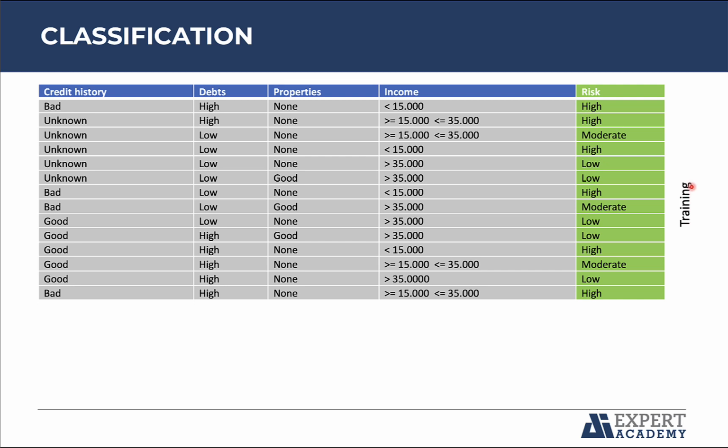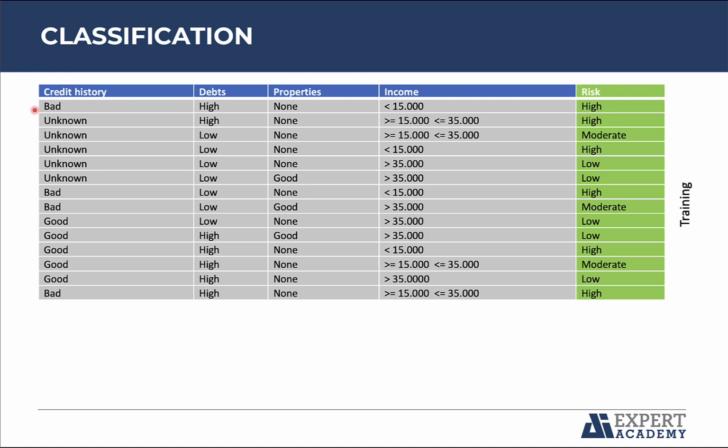This is called the training dataset. All this data will be sent to a machine learning algorithm that is going to perform a lot of mathematical calculations to predict the risk of giving a loan to a certain customer.